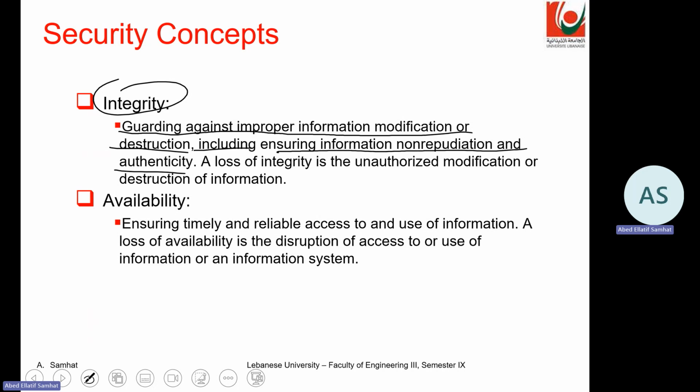This means that if we want to transfer data from one location to another, we should be sure that the data will arrive at the destination without any modification, without any destruction, without any addition, and so on. So a loss of integrity is the unauthorized modification or destruction of information.